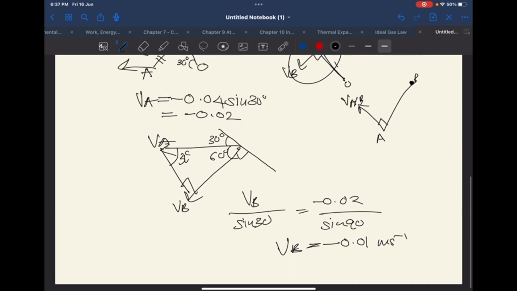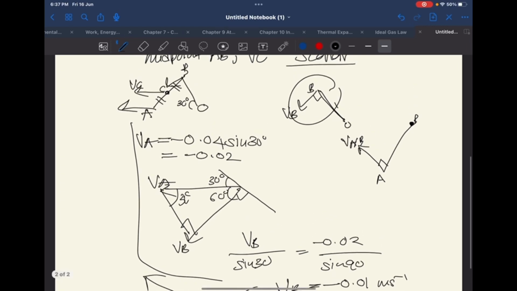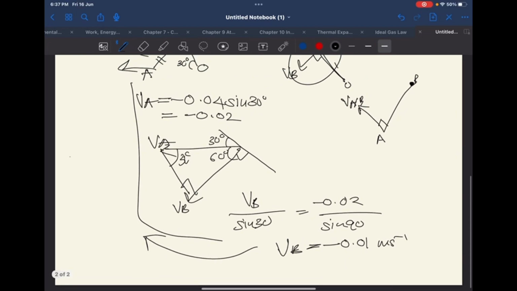Next, we can use VB to find VC. VC direction is like VA. Okay, we draw the VC and the VB. VCB here, the angle here is 60, which is actually the same. So here 90 and 30.